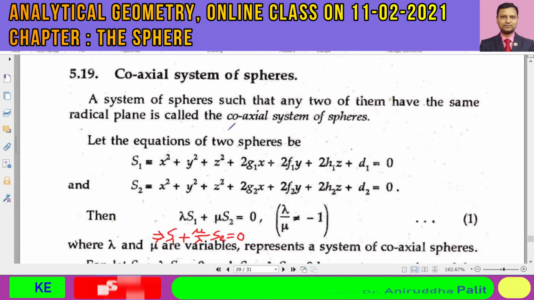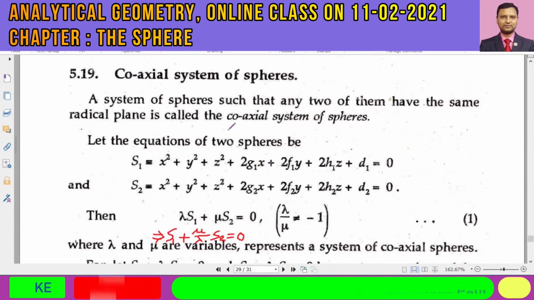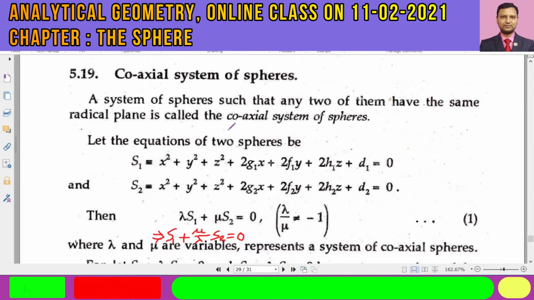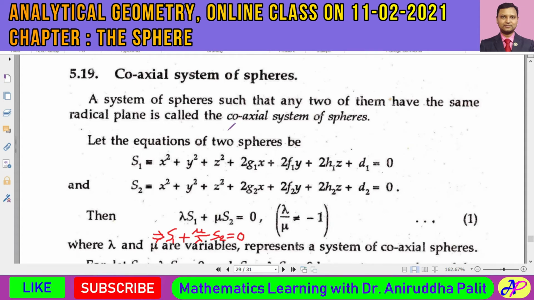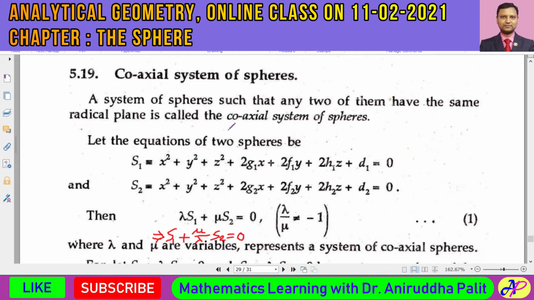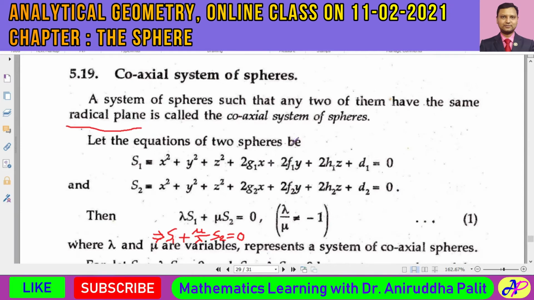Suppose we have 10 different spheres. If you consider any two spheres from this collection, and if it is found that any two arbitrary spheres have the same radical plane, then only this total collection of spheres will be called a coaxial system of spheres. That is the definition of a coaxial system of spheres.